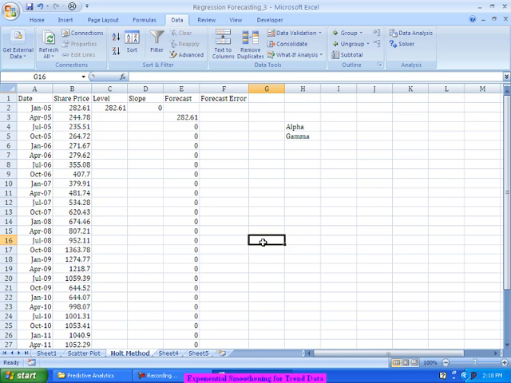Here there is a forecasting error, because I estimated 282.61. The actual value was 244.78 minus the forecasted value of 282, so there was a forecasting error of 37. So this is one thing that is coming out.